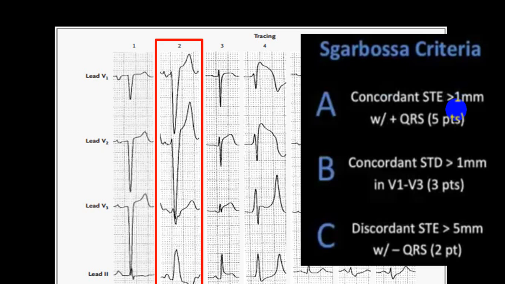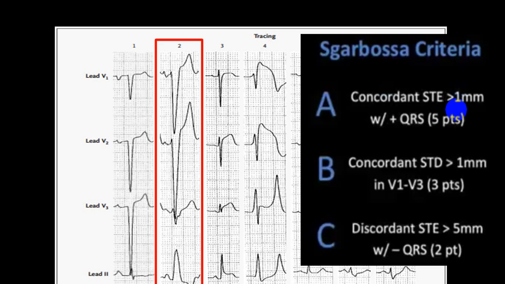While concomitant ST depression in V1, V2, V3 of more than 1 millimeter will be given 3 points, that is called B criteria.